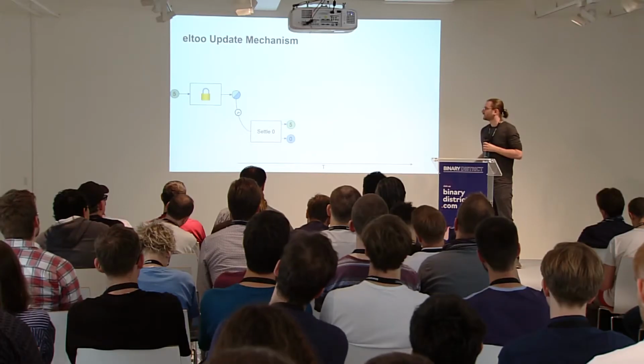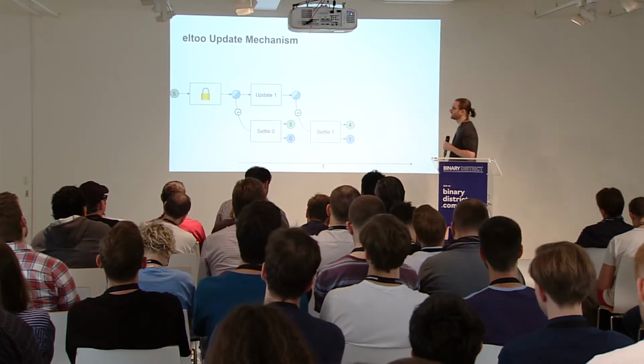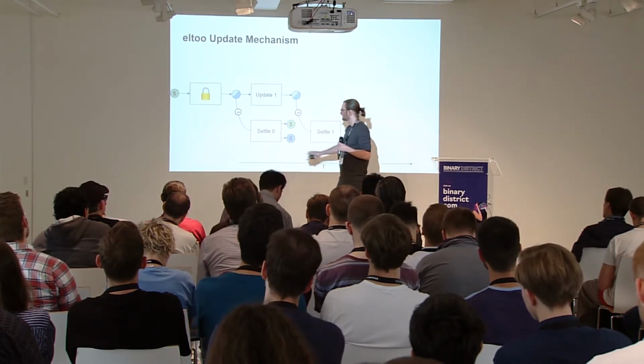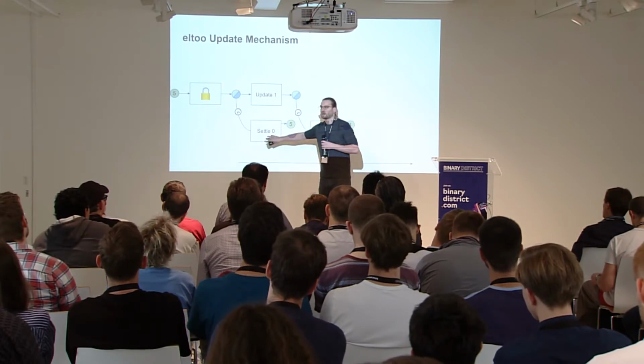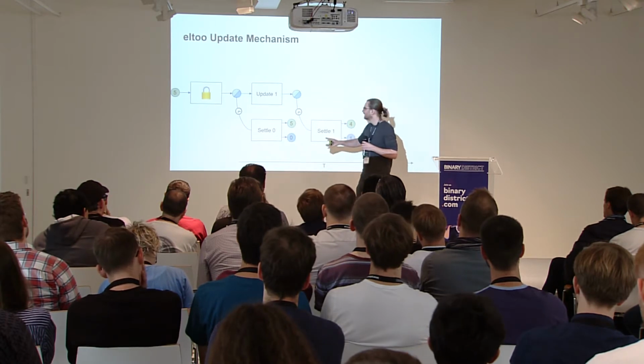Now, what happens if before this timeout triggers, we attach another transaction called an update transaction? This update transaction basically replaces the settlement transaction, creates a new multisig output, and allows us to attach a new settlement transaction. So we just replaced this settlement transaction without any exchange of secret information, no shotguns, no poison.